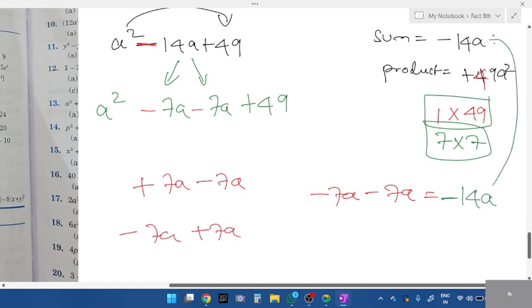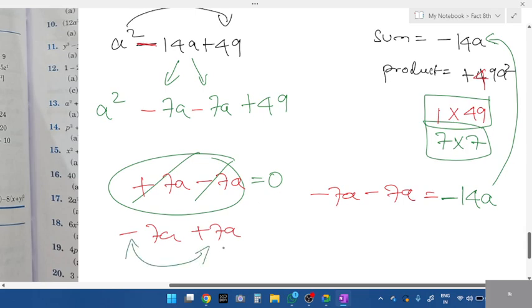See, that is what we get. And tell me the answer for this. What is plus into minus? Minus. So both will get cancelled. 7 minus 7 is 0. Here, for this, what do you get? Again, minus into plus is minus. Even for this, you get 0, right?